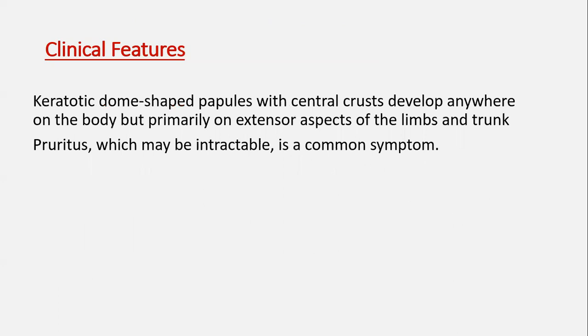The clinical features. Acquired perforating collagenosis is characterized by keratotic dome-shaped papules with a central crust that can develop anywhere on the body, but primarily on the extensor aspects of the limbs and trunk. Pruritus can be intractable and is a common symptom.